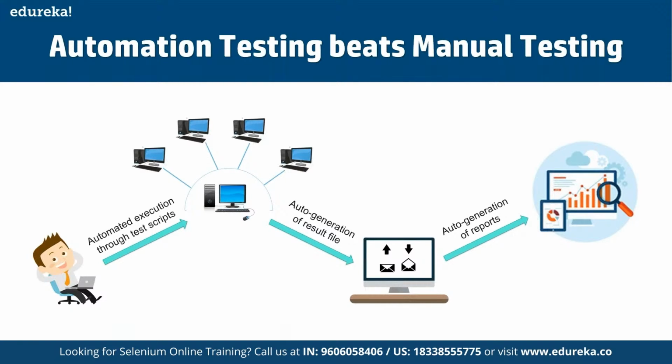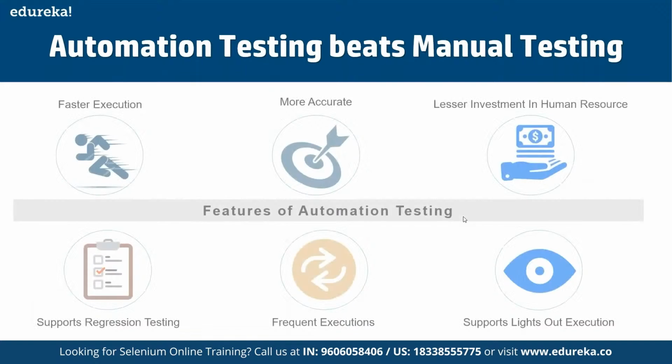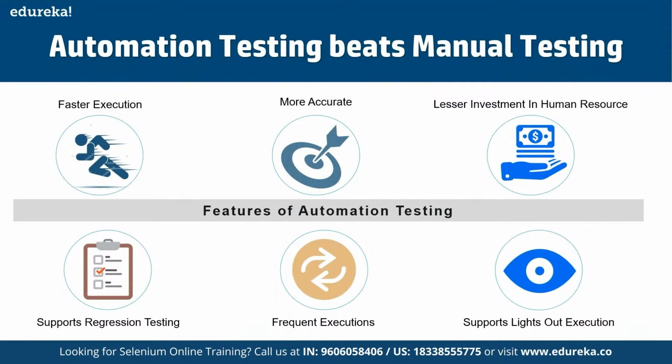We can even inform the team members by sending them emails on an automated basis as a part of automation testing. So it is faster, it reduces the time, and it is more accurate because we have a well-defined rule, and the system is not going to go outside the rules defined. It has less investment because it requires less investment in terms of human resources.